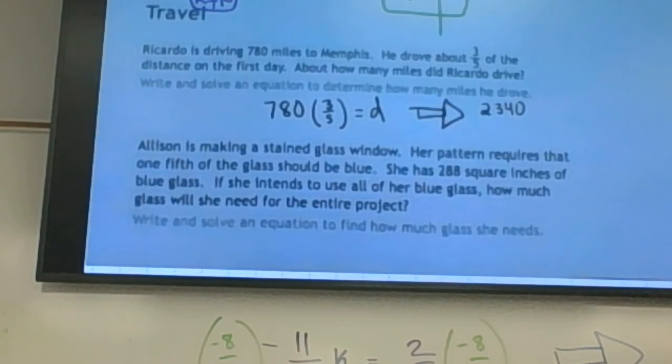What's 780 times 3, Mikhail? Yeah. This isn't a flipping situation, because he's trying to go 780 total, and he's only been 3/5. So 780 times 3/5 is going to give us the distance that he drove.